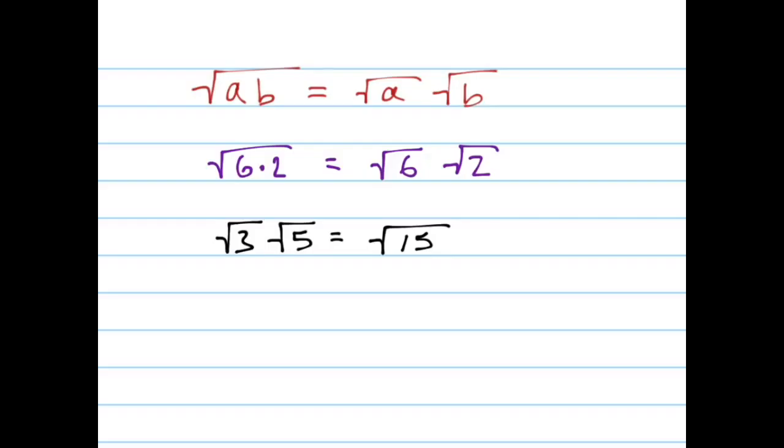So we're going to use this property, among others that we'll learn, to write radicals in simplest form. And there's a few rules that determine whether or not a radical is in simplest form. The first one is no perfect square factors under the radical, except for one.